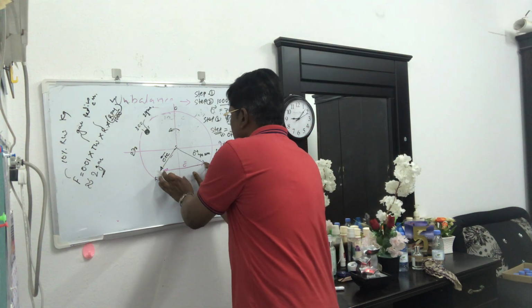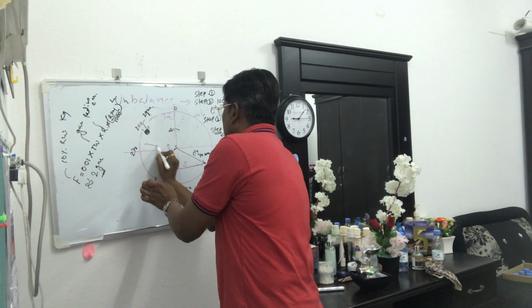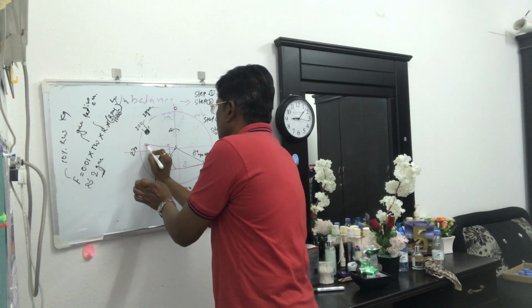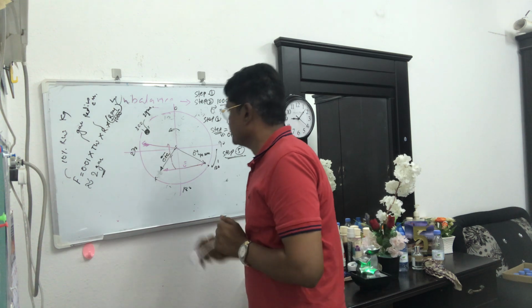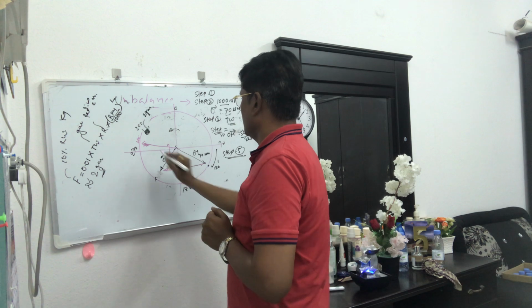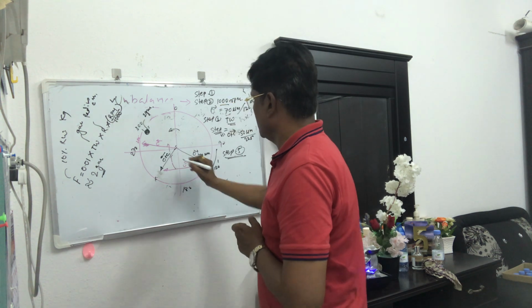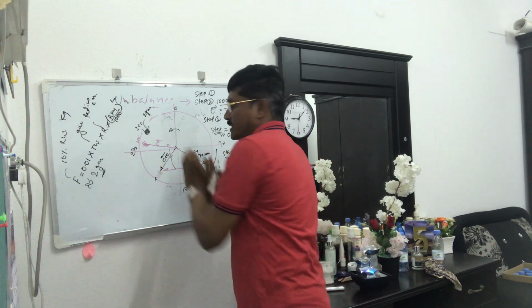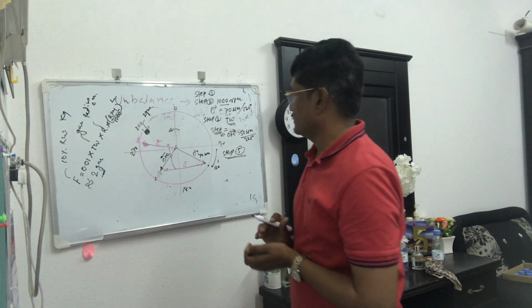Then we have to shift the C vector to the center. It will come like this, approximately say 280 degrees. So this is the C vector now. Just shift it from here to here. Now check the scenario.